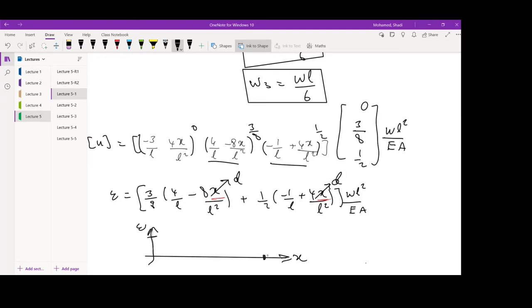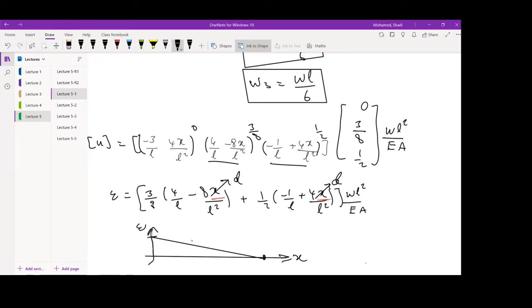The value of the strain at two points is enough to draw it, because you know the strain is going to be a line. So you draw the line, and this is how the strain would look.